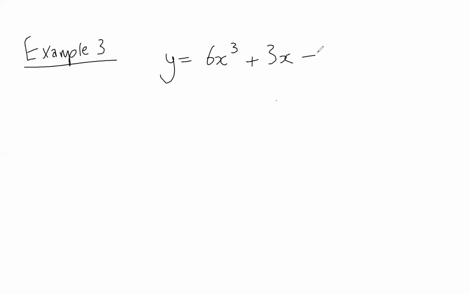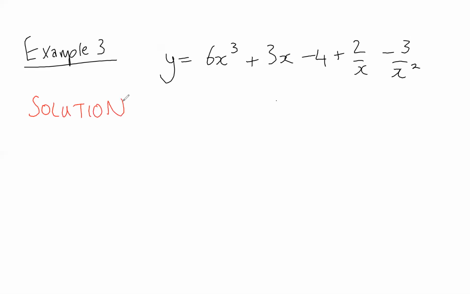Okay, example 3. Okay, we need to be able to do, if you have, okay, so we need to use rules of indices to write this on the top line before we differentiate.